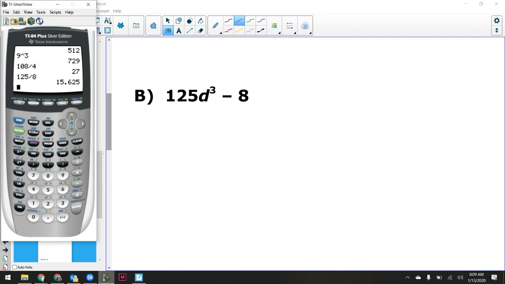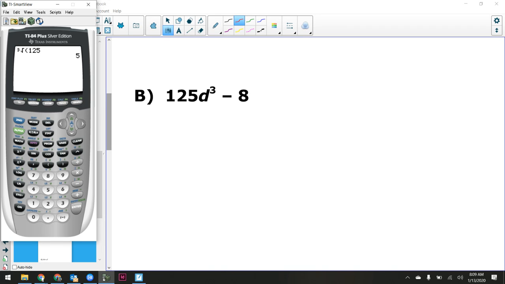Now here's how to check. You go into math, hit math, and then the cube root button is right here. So 125, yeah, it is. D to the third, that's a power divisible by 3, and then 8, obviously a perfect cube, 2 to the third.